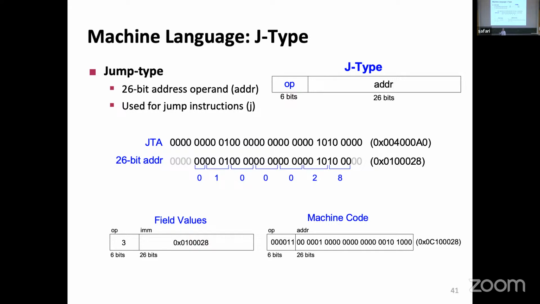The entire memory is 4 billion bytes, because 32 bits is 4 billion, and that is 1 billion words. So I cannot jump to anywhere in that 1 billion words, but within every 64 million words, I can jump back and forth. It's not such a bad compromise. So this is what they end up doing.